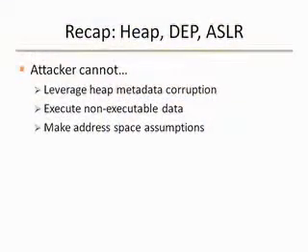So let's recap. I talked briefly about the heap, DEP, and ASLR. What this means now is the attacker can't leverage heap metadata corruption, because now we have some sanity checks in the heap to prevent that from being possible. Now, it's still possible, and this remains an unsolved problem, for the attacker to overwrite other allocations in the heap, such as maybe an adjacent class that has been allocated on the heap.